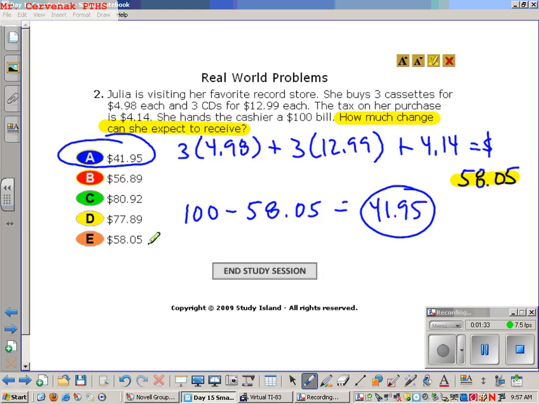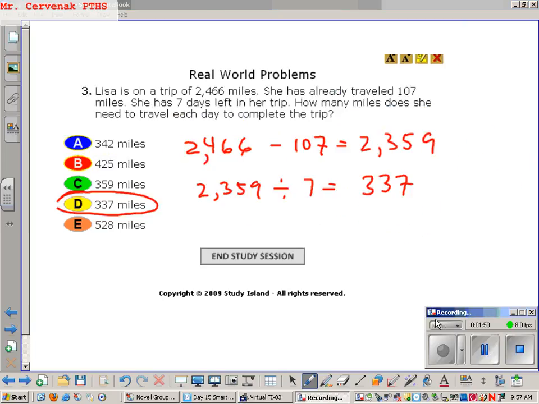Notice this is put as a distractor. This is not the correct answer. Knowing that the problem wants us to ask how much change, we need to take 100 minus $58.05 equals the correct answer, $41.95.